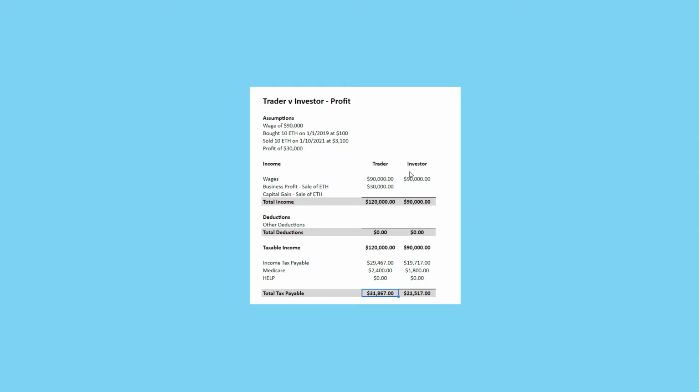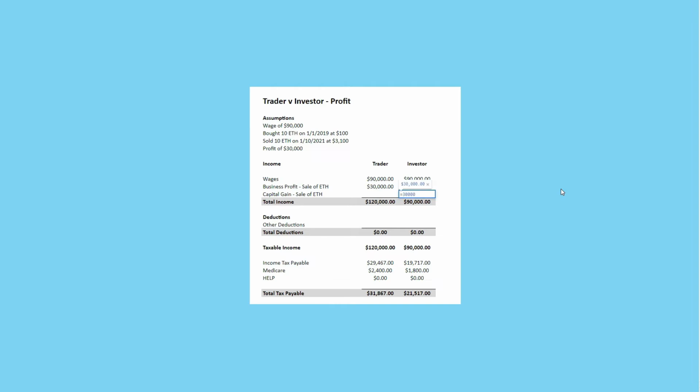What about for an investor? Well, for an investor, remember, our profits and losses as an investor are capital gains and capital losses, not business profits or losses. And because we held this Ethereum for more than 12 months, we're eligible for the 50% general discount. So instead of putting $30,000 in this capital gain area, we're going to divide that by 2.